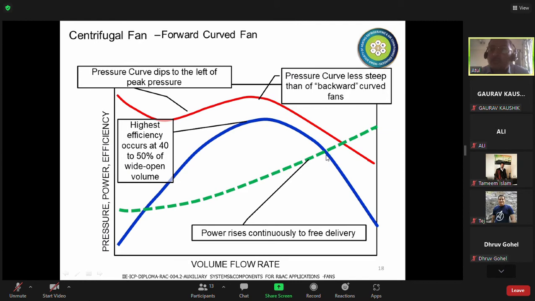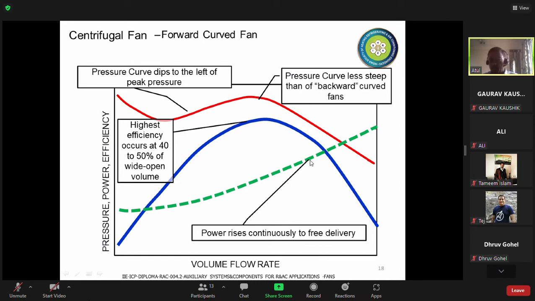Because of this, the fan will demand a very high current, and because of that high current, the motor might get burnt. This is the overloading feature of a forward curve fan. This puts several constraints on its use. First, a forward curve fan should normally not be run without any load.